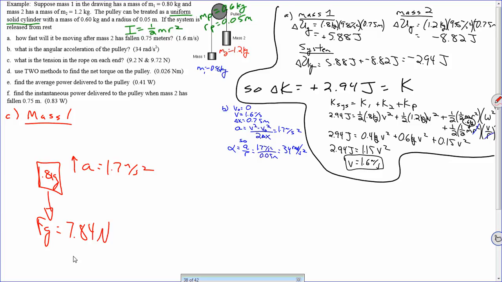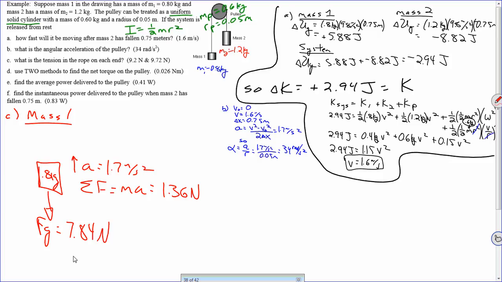I can't say this enough, you guys: if you know the acceleration, you should find the net force, right? Anytime you're doing a problem with forces, if you know the acceleration, right away write an expression for your net force. And for us, we know the mass, we know the acceleration, and so that gives you 1.36 newtons.